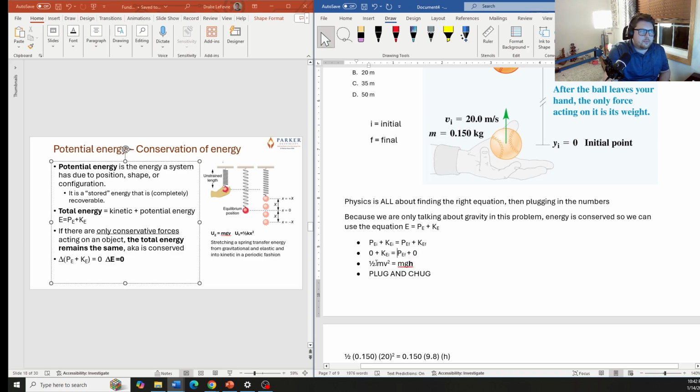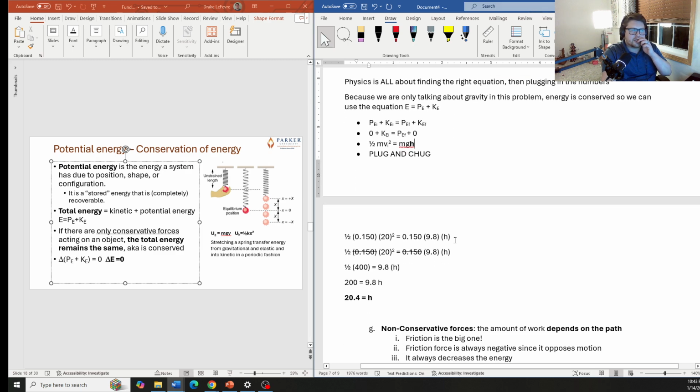So now we come up with the equation 1/2 mv squared, and this is our v initial, so the velocity at the beginning, equals the mass times the gravity times the height, because those were our equations for gravitational potential energy and for our kinetic energy.